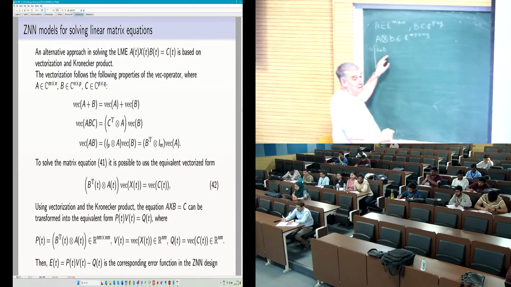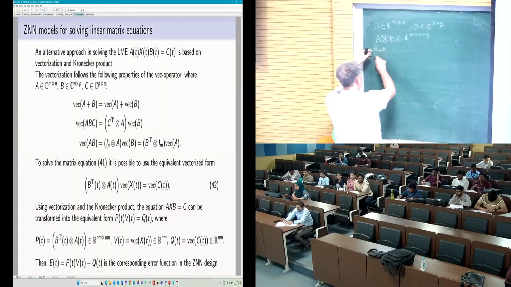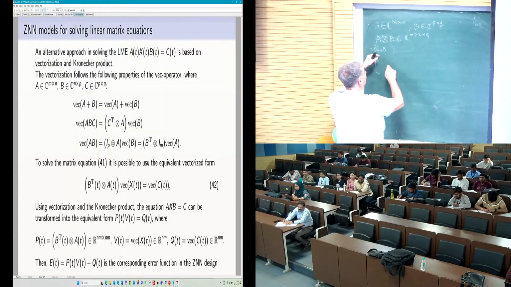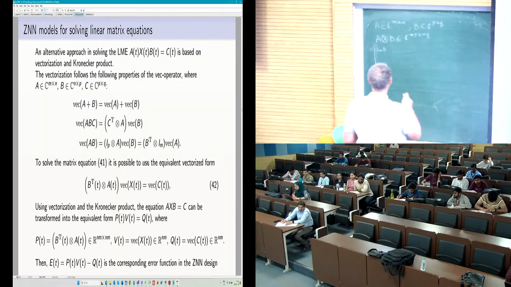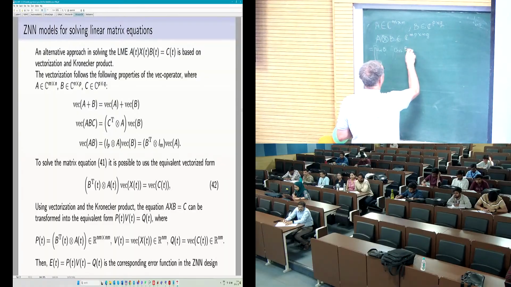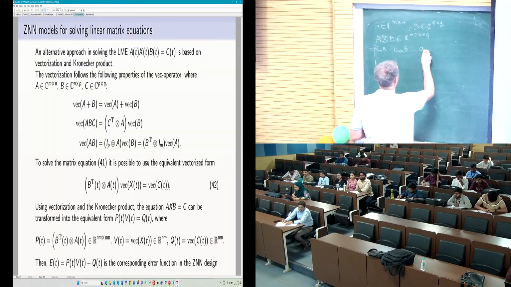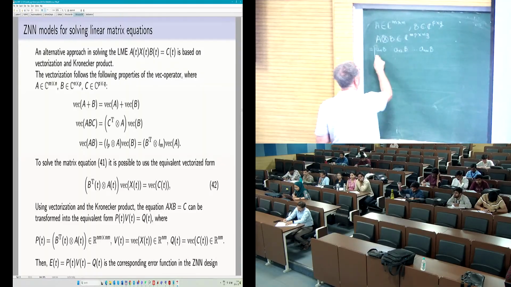It will be one p times q matrix, A12 B, and so on, to the last element in the first row.